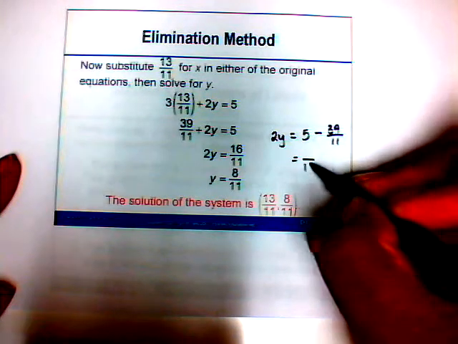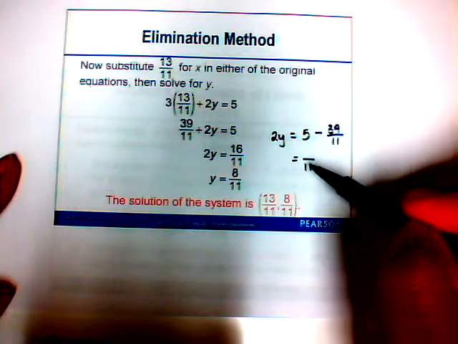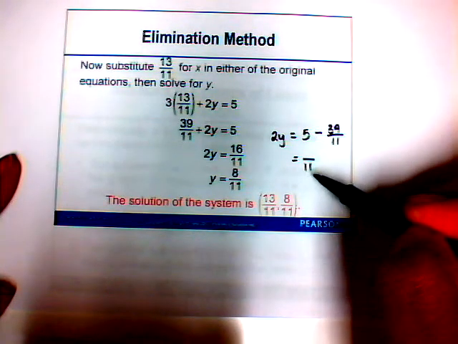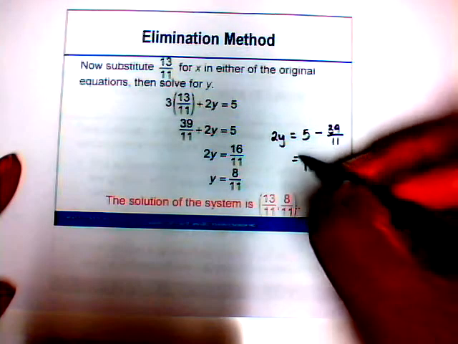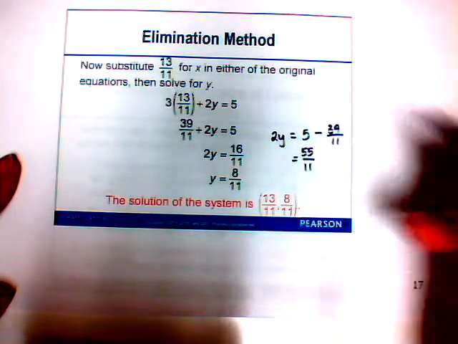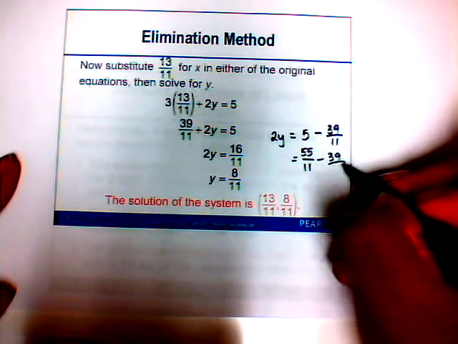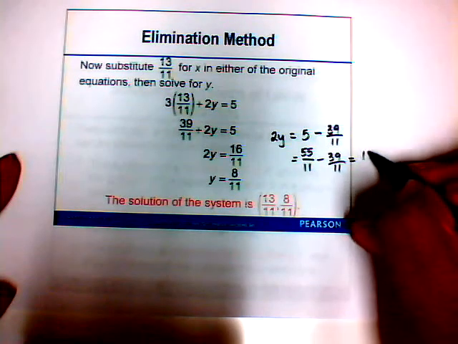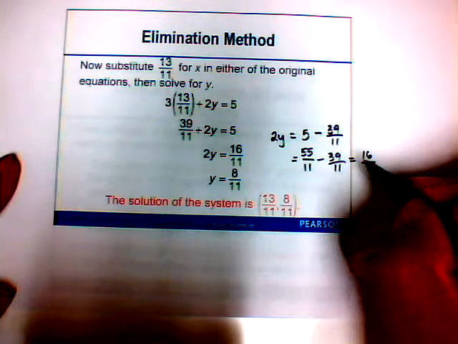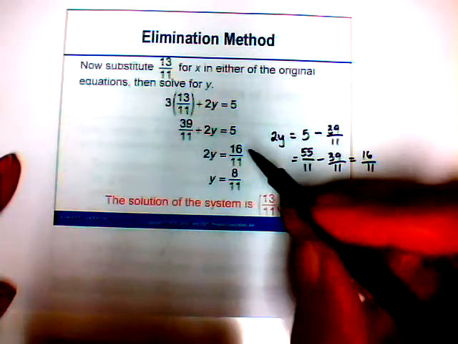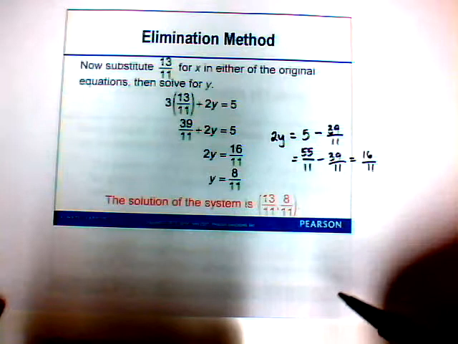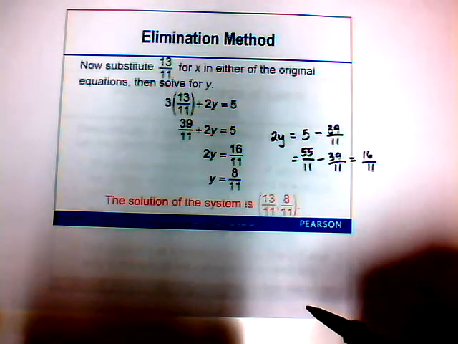Okay, so now we have to change 5 with the common denominator of 11, which means we have to multiply 5 times 11, which will be 55, minus 39/11. And if you subtract that, you're going to get 16 over 11. So now this is where they got the 2y is equal to 16 over 11 from.